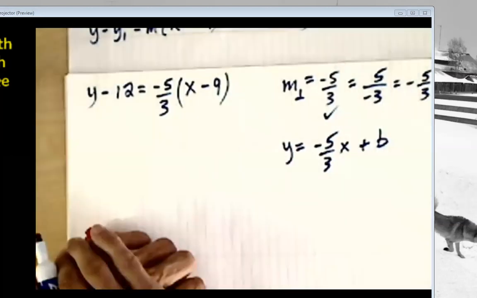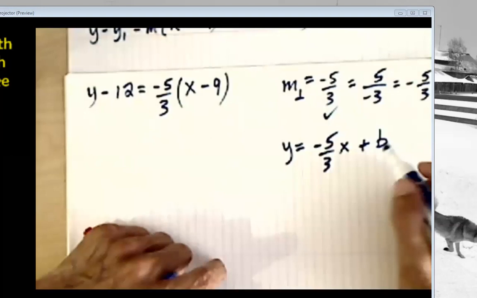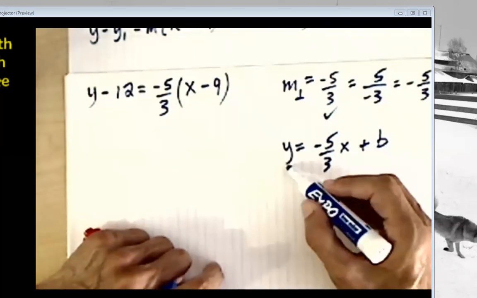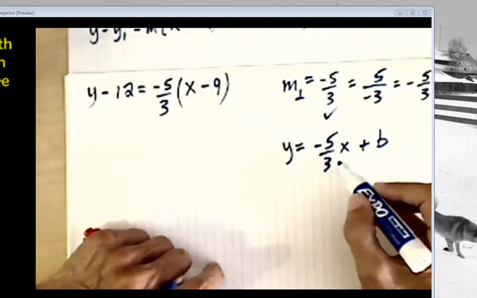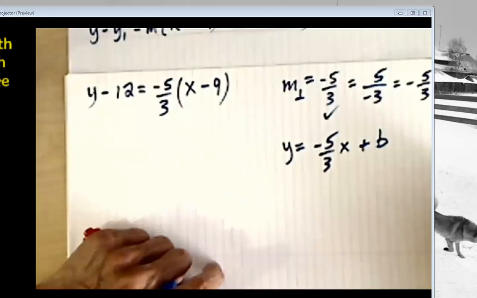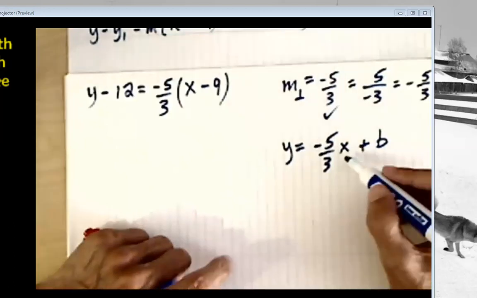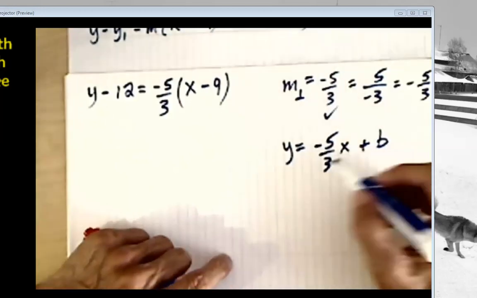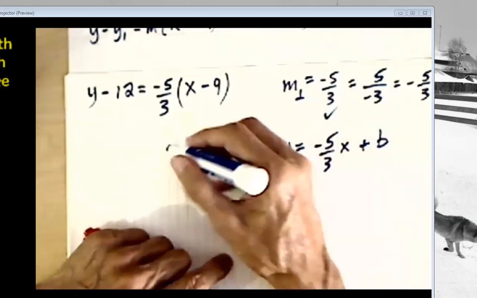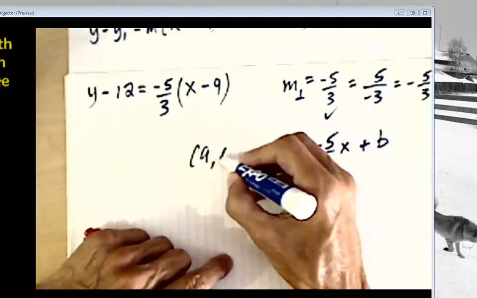Okay, so to do that, what we do is we substitute our point that we have, the point that the line goes through. We put that in for x and y, because there's no x1, y1 in this style here. So remember our point was 9, 12 that this line is going through.